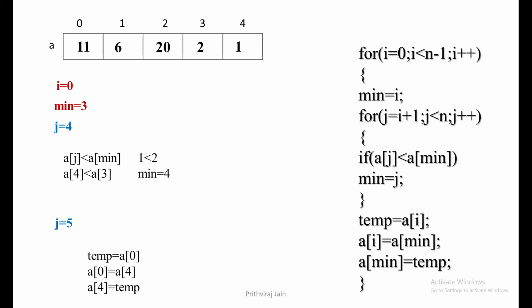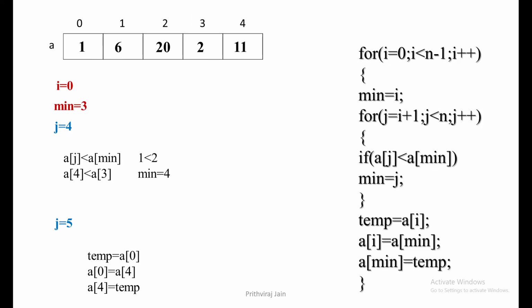Temp is equal to a of 0, that means I'll store a of 0 in a temporary variable, and I'll take a of 4 and store it in a of 0. Then whatever I kept in temp, I'll assign to a of 4. That means I'm swapping the elements. So here 11 is swapped with 1.